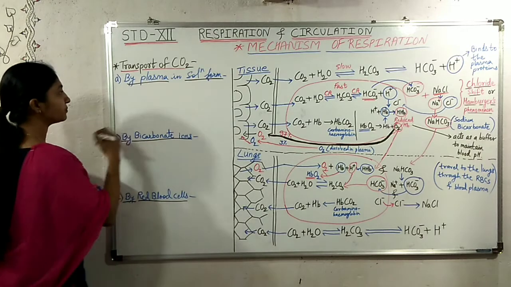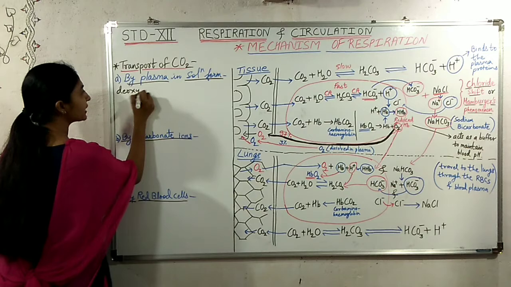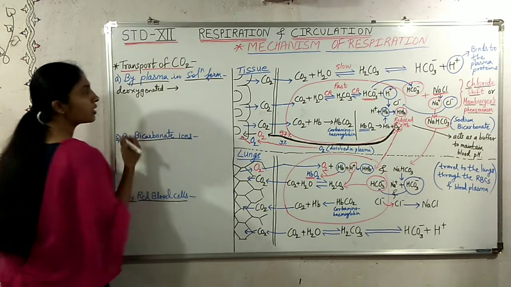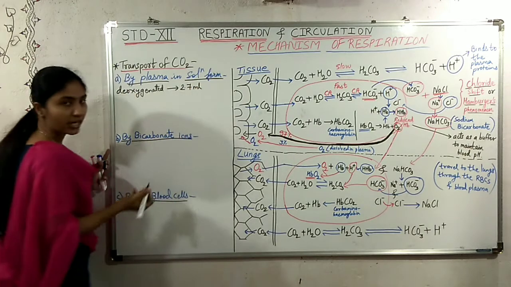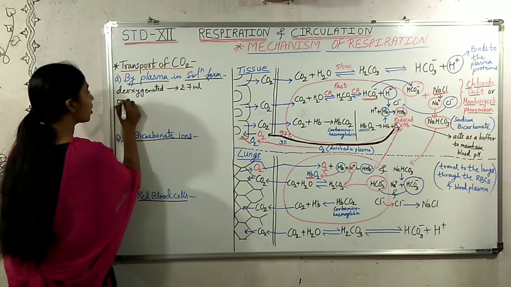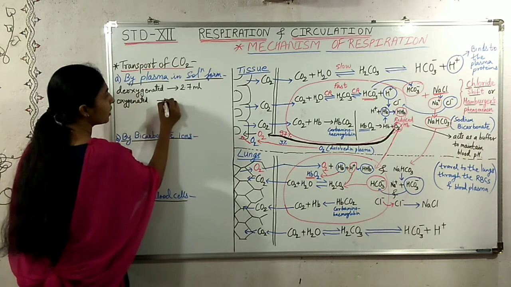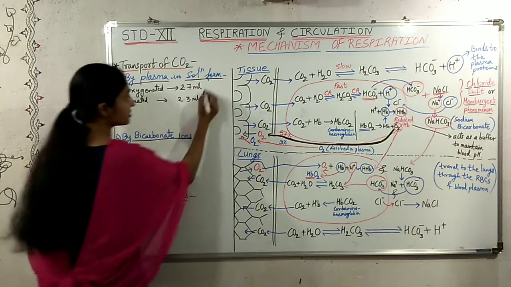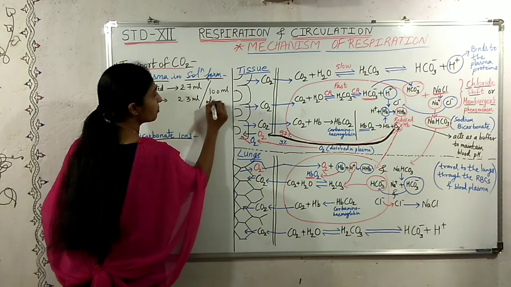In deoxygenated blood, about 2.7 ml of carbon dioxide is there, and in oxygenated blood about 2.3 ml of carbon dioxide is there per 100 ml of blood.